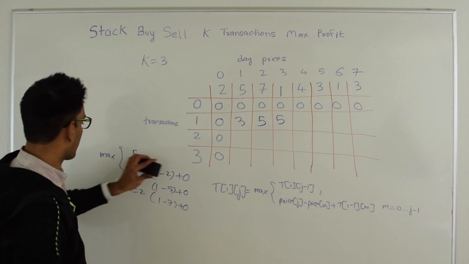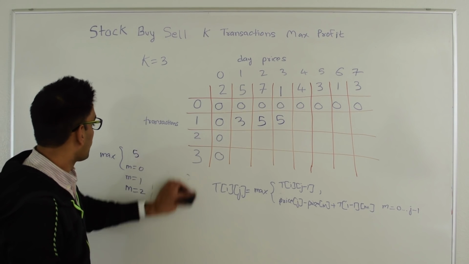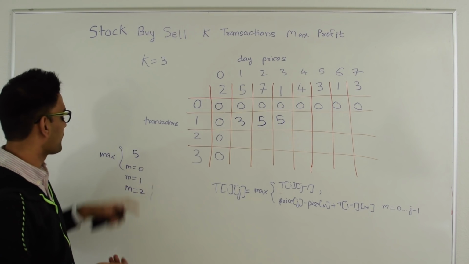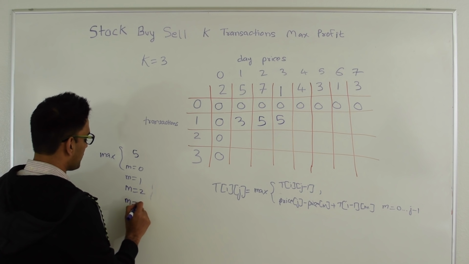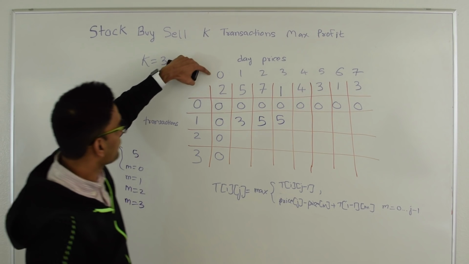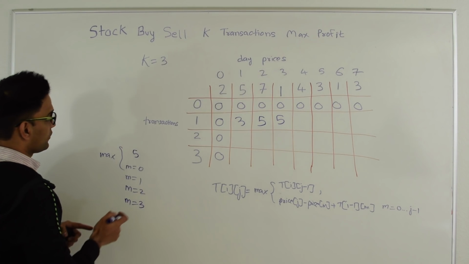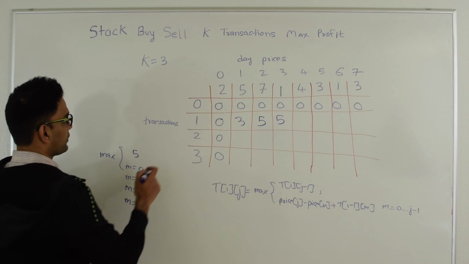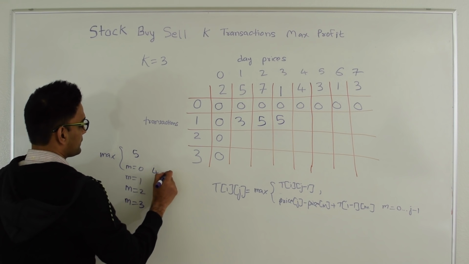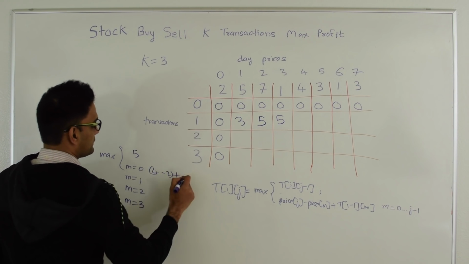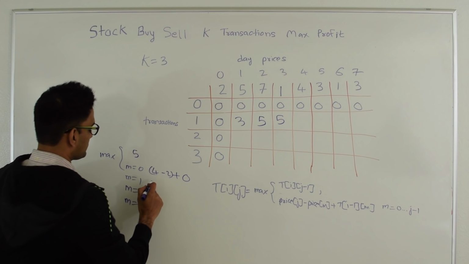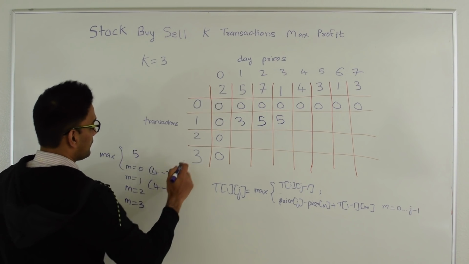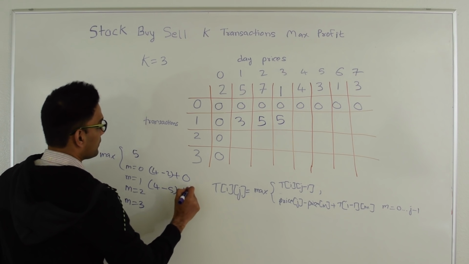Let's solve for day 4. On day 4, the best you can do by not including day 4 at all is 5, or trying all the values of m going from 0 till 3. If you bought on day 0 and sold on day 4, the profit you'll make is 4 minus 2 plus this 0. Or if you bought on day 1, so 4 minus 5 plus 0.